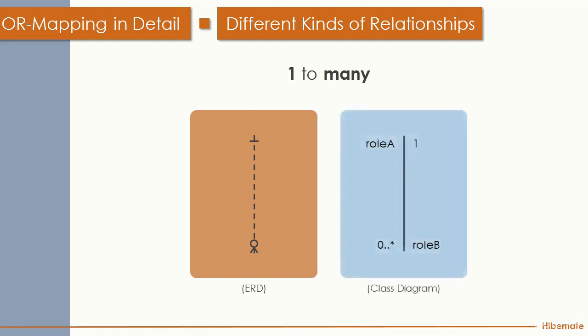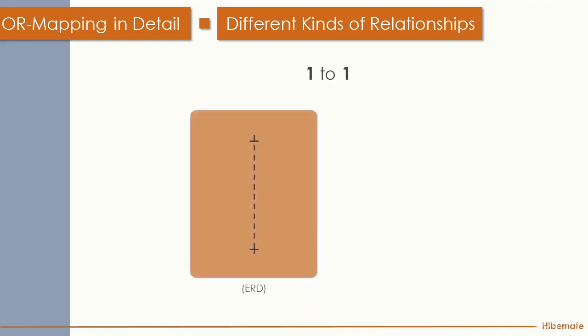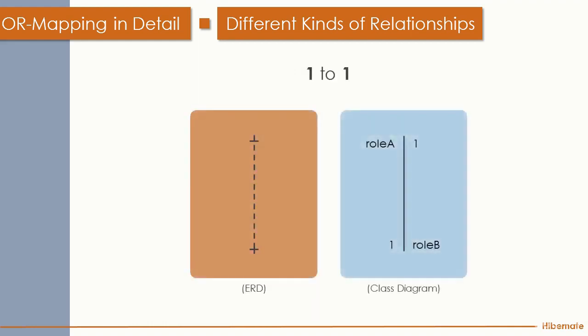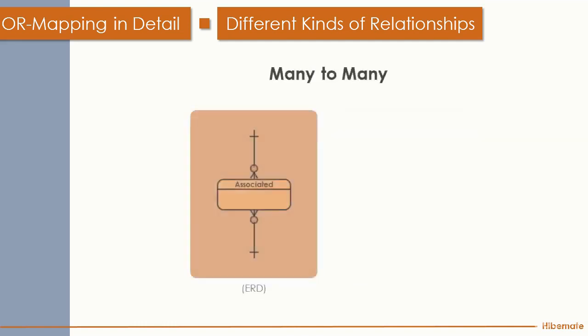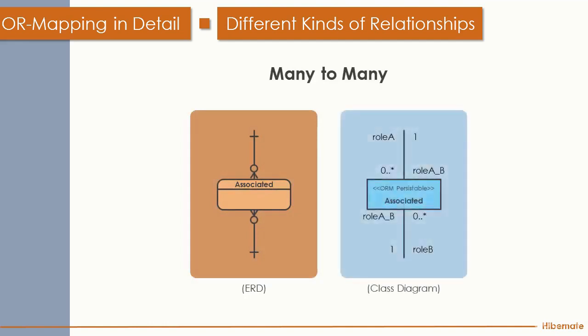When you generate to the class diagram, you will have a 1 to 0..many association. If you have a one-to-one relationship, it's straightforward. In the class diagram, that will be a one-to-one association. If you have a many-to-many relationship, we have an associated table in between. Then we will have the associated class, which represents the middle objects.